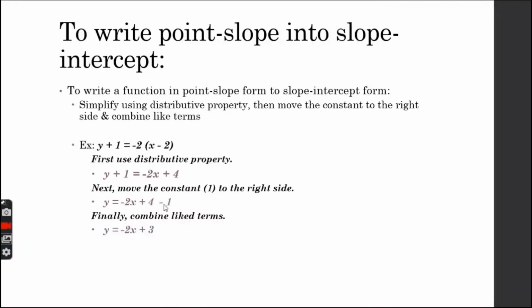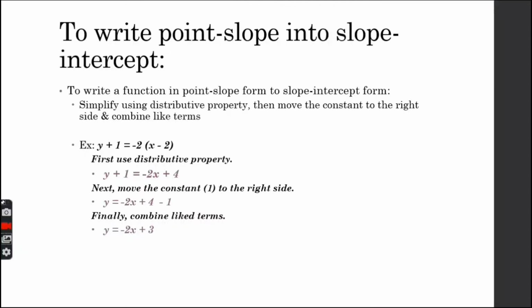So I have negative 2x plus 4 minus 1. And then finally, I need to combine my like terms. So constants go with constants, variables go with variables, which means x's go with x's. So I have a positive 4, which is a constant, and the negative 1, which is a constant. So I have 4 minus 1, which gives me a positive 3. So that's how I get negative 2x plus 3.